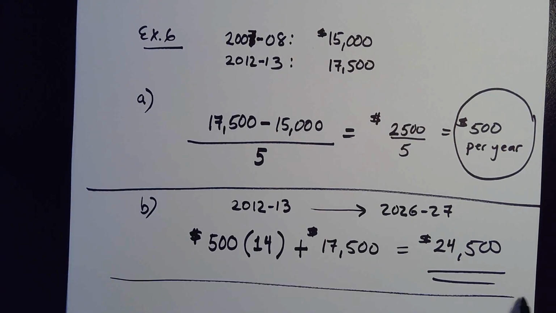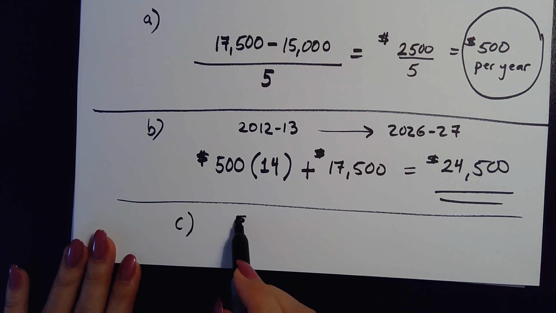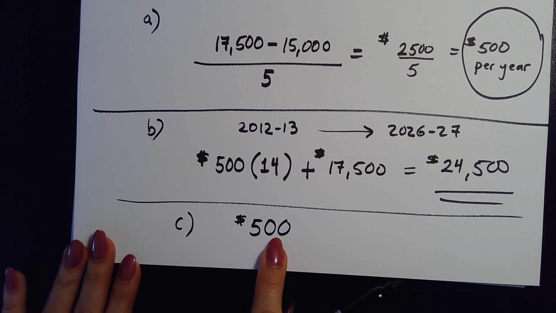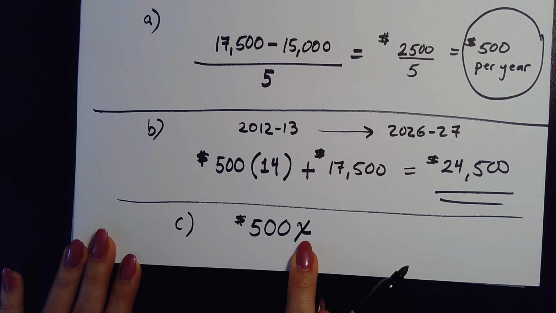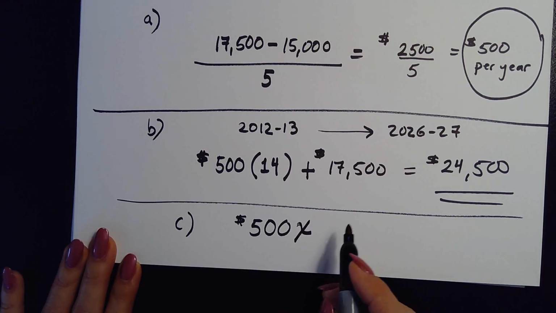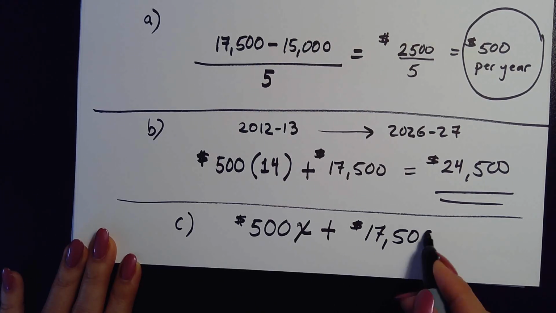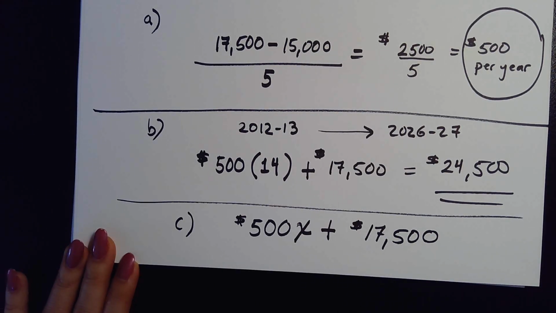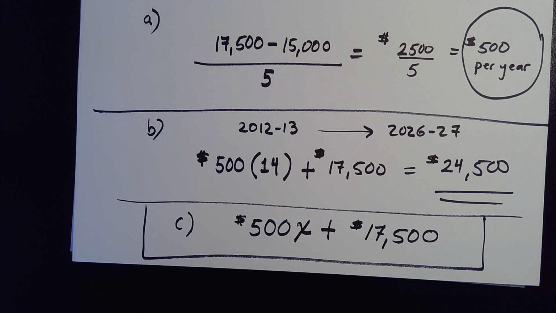That mathematical model is going to be $500, because it's increasing $500 per year, times x, meaning this many years after 2012, plus the original value at 2012, which is 17,500, right? So this is the model or the equation. Every time you hear the word model, that's just an equation, okay?